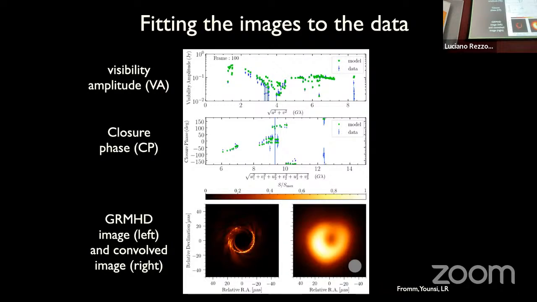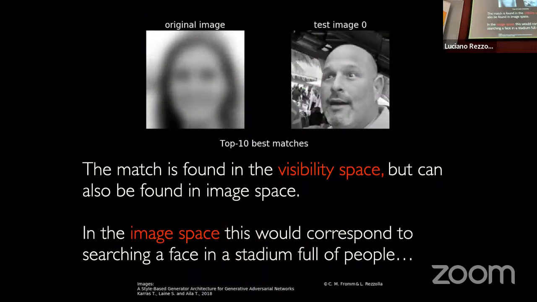I always have problems explaining this because we tend to think in terms of images rather than visibility. So if you want an analogy, imagine you go to a stadium with 60,000 people. You have a photo of someone that you think is in the stadium. You don't know anything about this person.